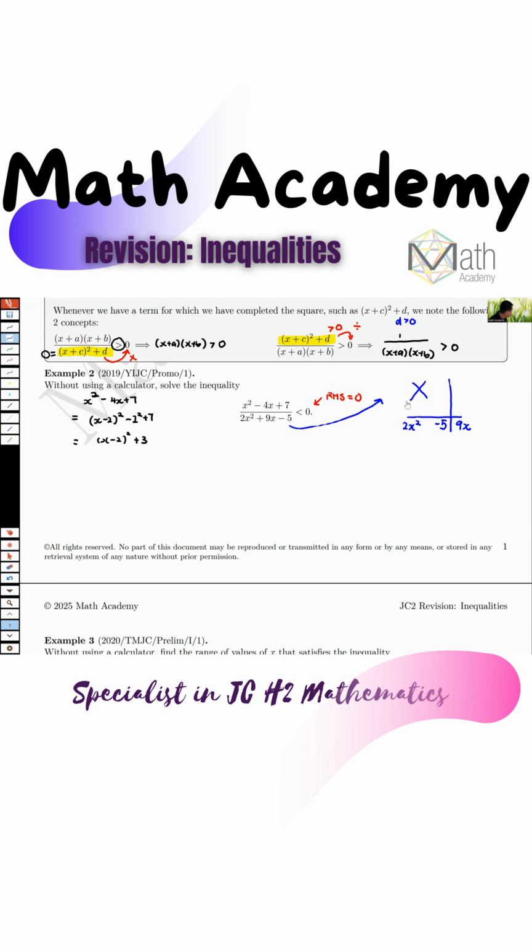Cross-factorization is you think of two terms that multiply up to give you this. Let's recall from secondary school. So I will have 2x and x multiplied to give me 2x squared. To get minus 5, I will need 5 and 1. So I must put 5 here and 1 here, so that when you multiply up, it will be this direction, and this gives you 10x.